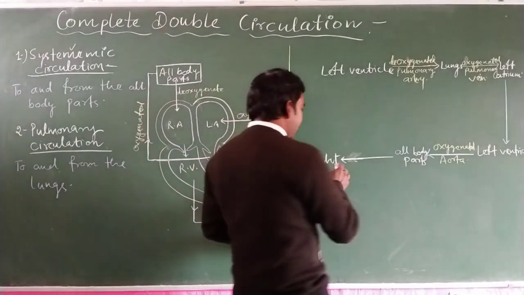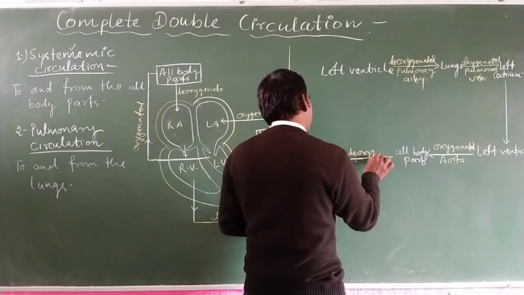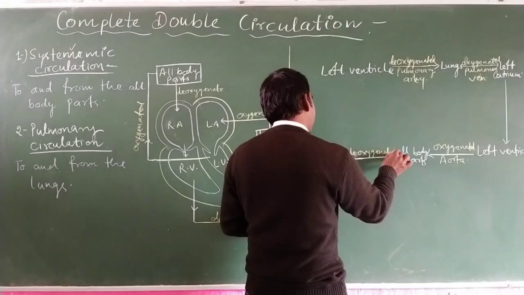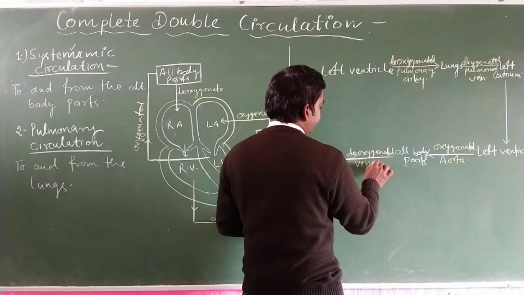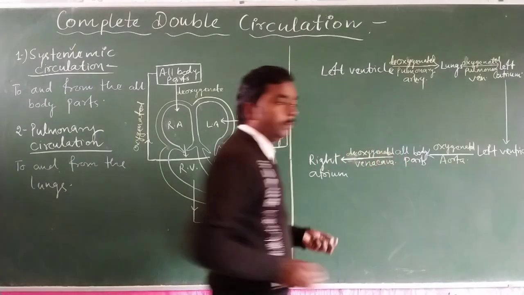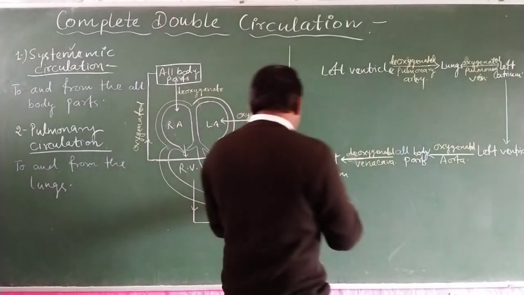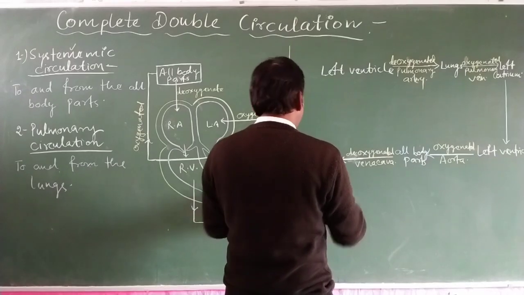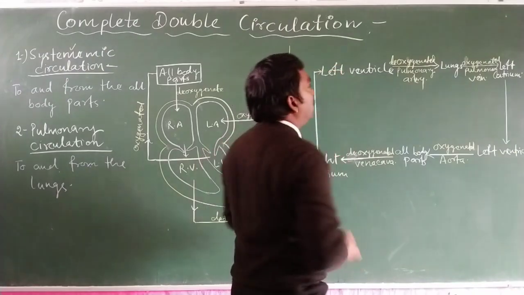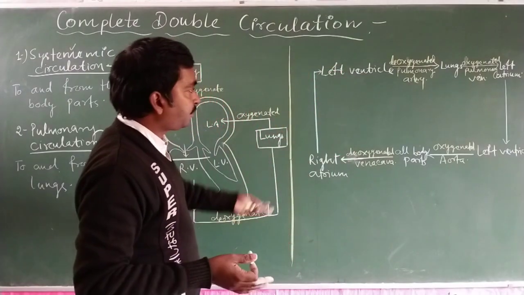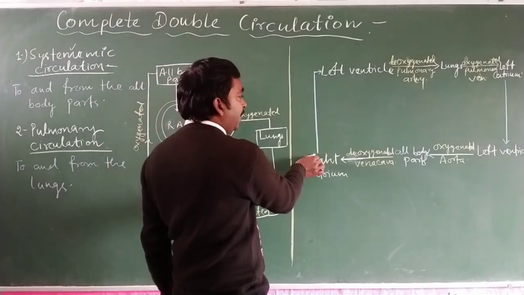The blood collected into the right atrium is deoxygenated, and this takes place through the vena cava. Through the vena cava, the deoxygenated blood is collected into the right atrium, and from the right atrium the blood is transferred to the left ventricle, which is near the auricle. So, transfer of blood from right atrium to left.